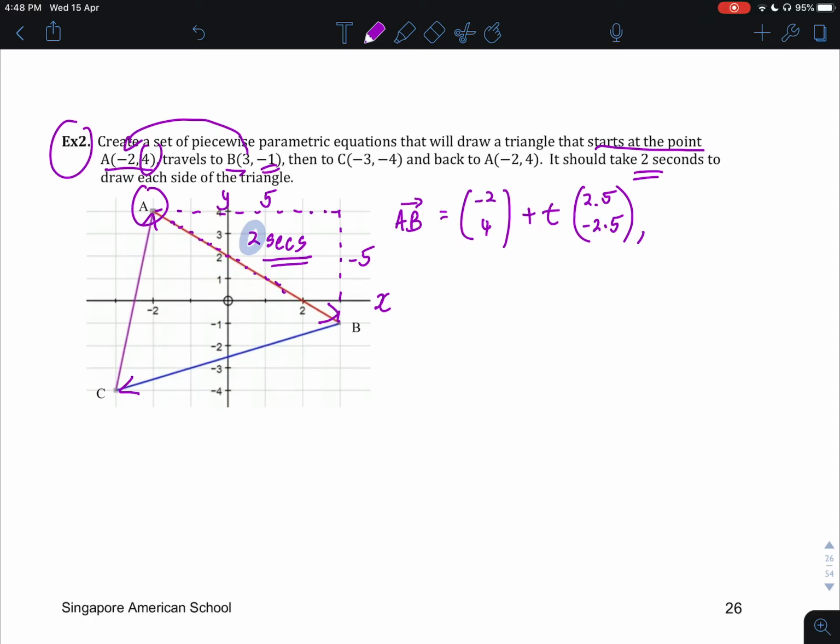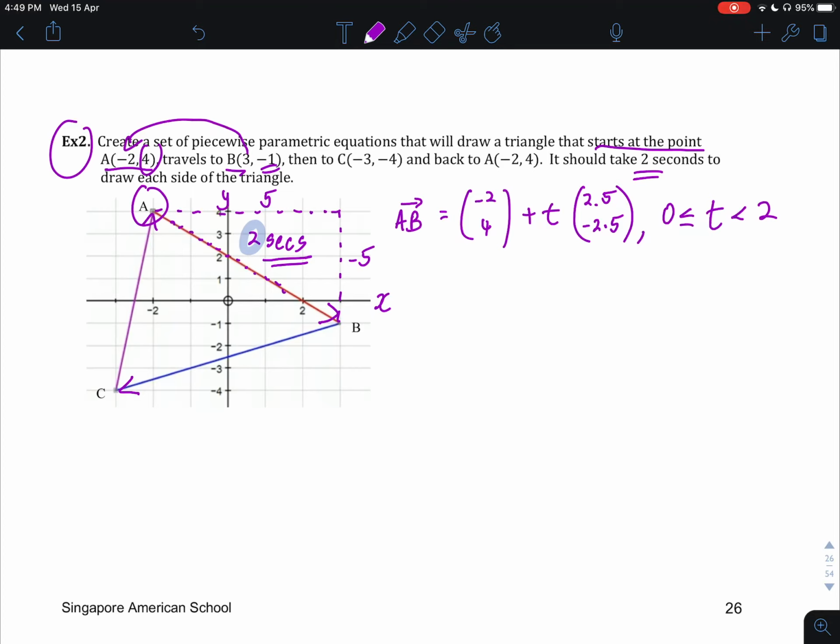Lastly, as with any set of piecewise functions, we need to define our domain. Our variable for the domain is time. Time starts at 0, where we would be at point A, our position vector (-2, 4), and we go up to, but not including, 2 seconds.